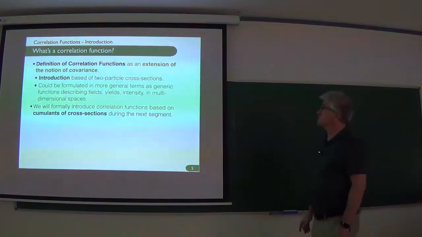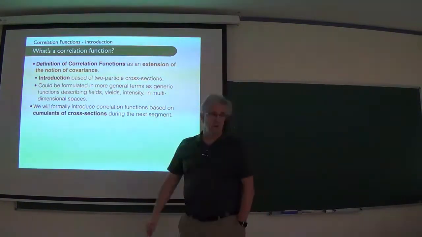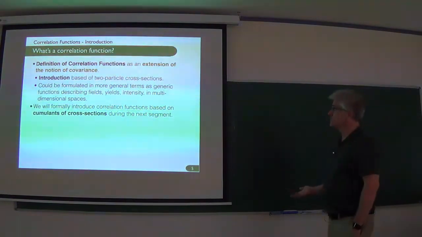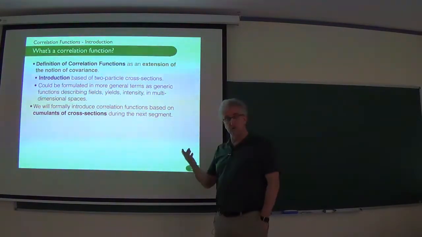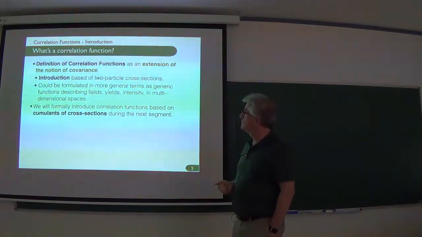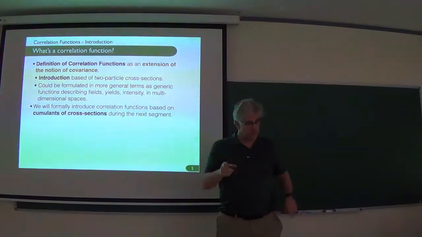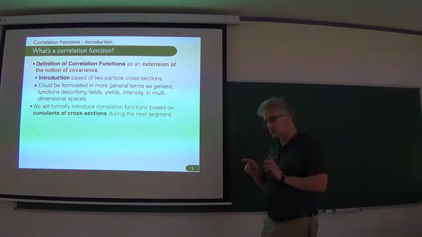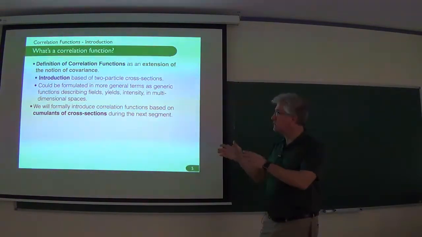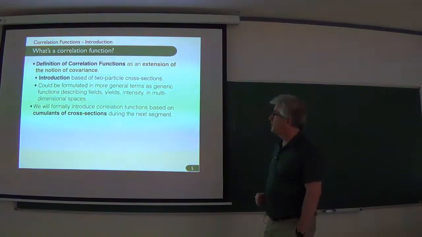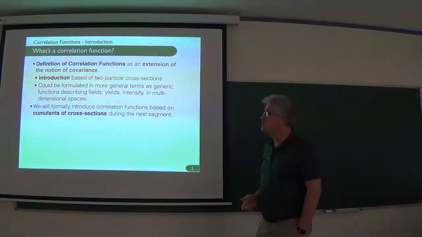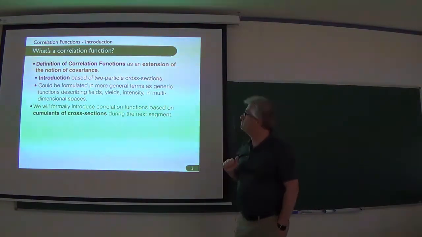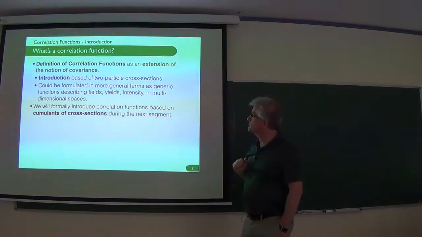So what is a correlation function? One way to introduce the notion of correlation function is to proceed by an extension of the notion of covariance. The covariance is based on two observables, x, y, and you consider how they co-vary when there are fluctuations. And so I will introduce the notion of covariance in the context of two-particle cross-section measurements.